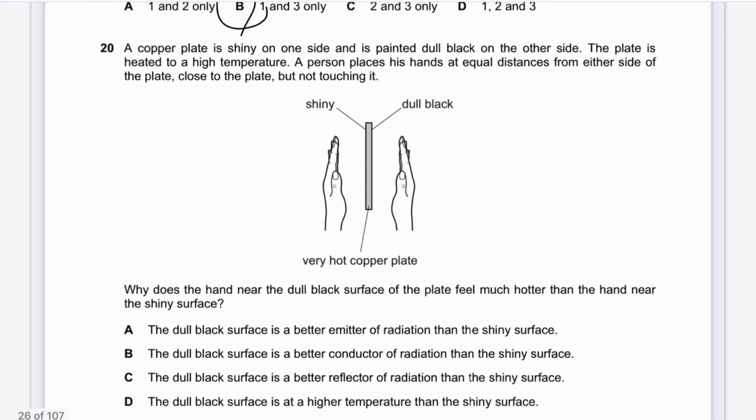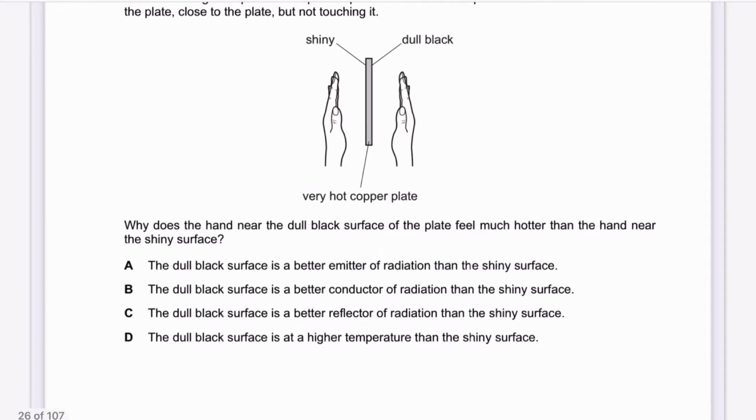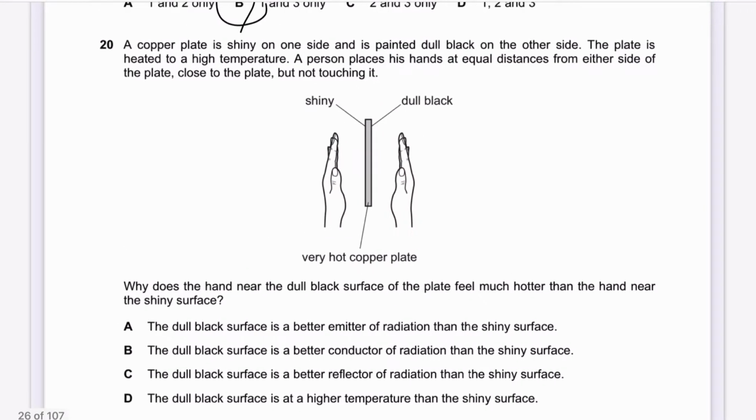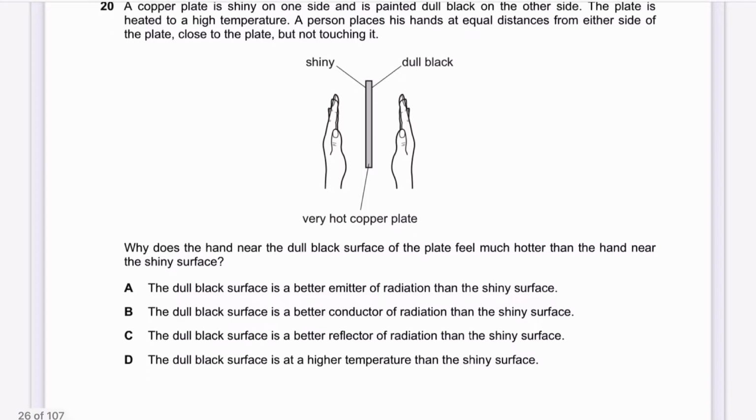20. A copper plate is shiny on one side and is painted dull black on the other side. The plate is heated to a high temperature. A person places his hands at equal distance from either side of the plate, close to the plate but not touching it. So we have a very hot copper plate, with one side shiny and one side black.